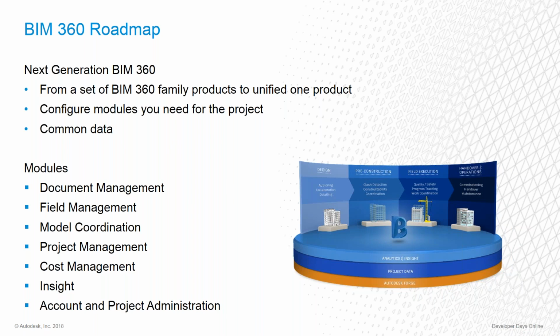You may not need downstream features such as field, but you can still coordinate. And also the common data will be common across all the modules, so you can use the same data. Right now, when you want to use BIM360 Glue, it's completely separate and uses completely separate storage to keep the data. But with the new generation of BIM360 model coordination, you don't need to move around your data. You can always access it from various modules.